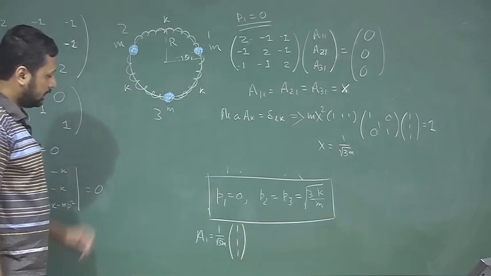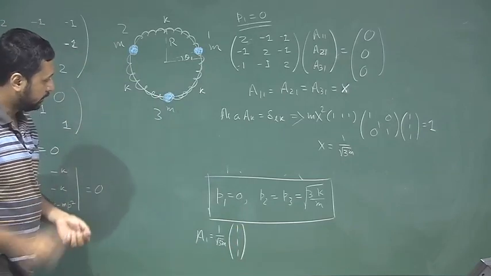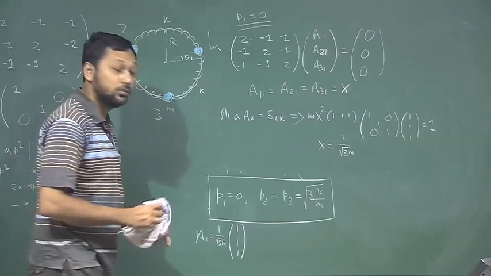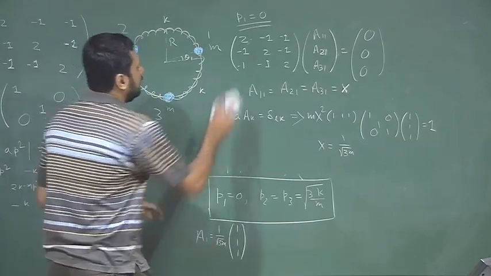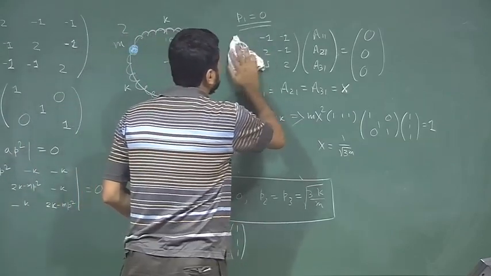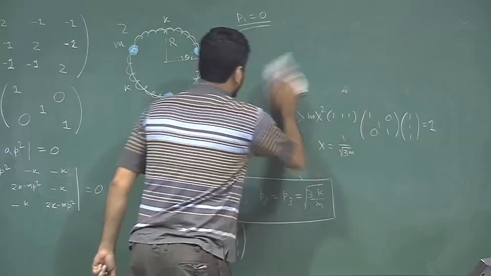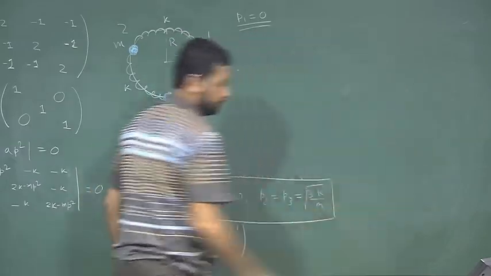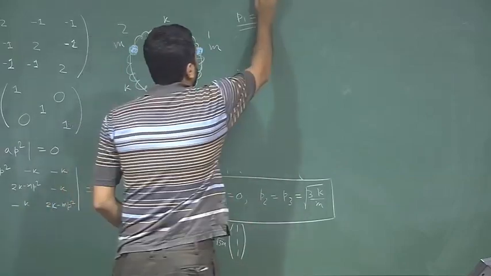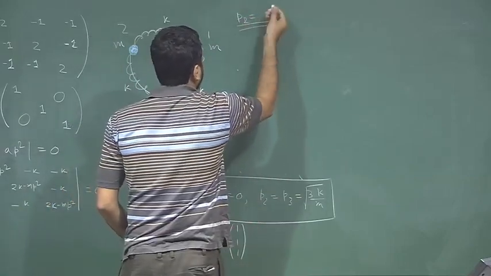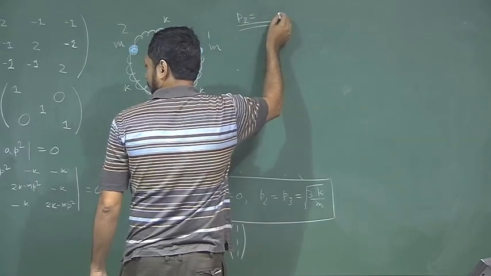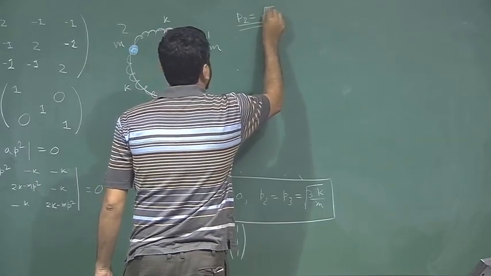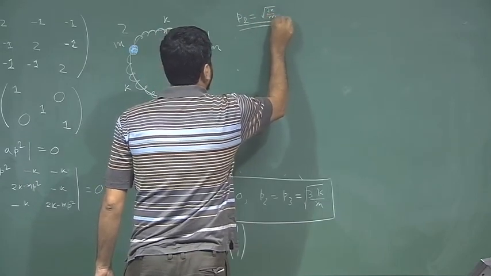Fine. Now, if we put P2 equal to P3 equal to root 3 k by m, just take P2 equal to root 3 k by m.